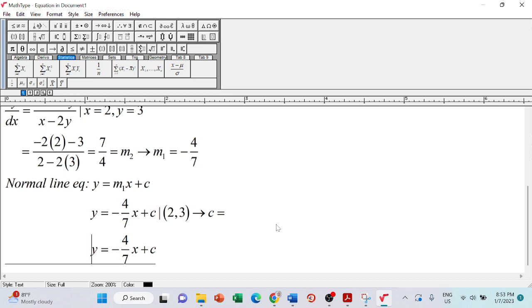I got negative 29 over 7. Okay, Vishnu, what did you get? Negative 1, madam? I don't think it's negative 1, because you should get a fraction here. Try calculating manually, write it down, and then use my calculator.